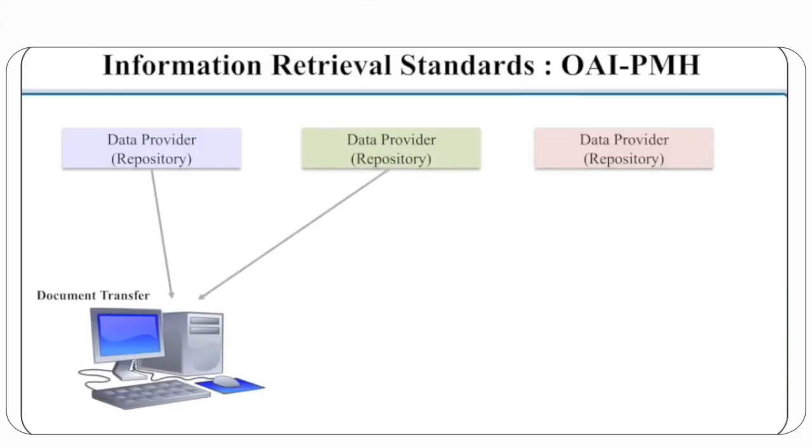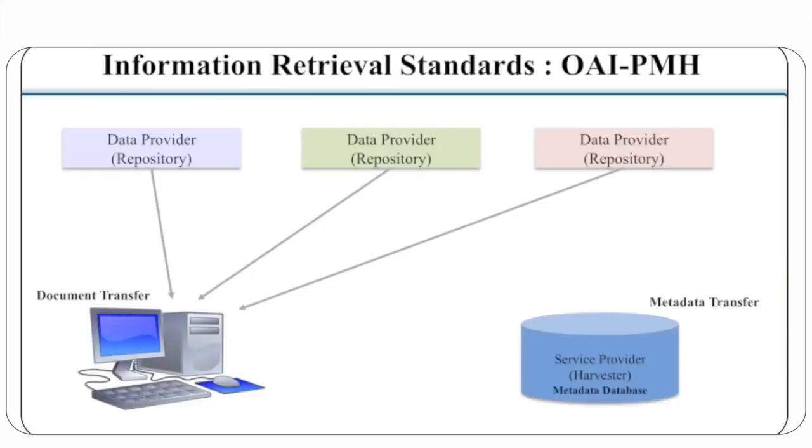The OAI-PMH protocol enables data providers, that is, repositories, to expose structured metadata of publications stored in repositories to the internet so that it can be harvested by service providers.